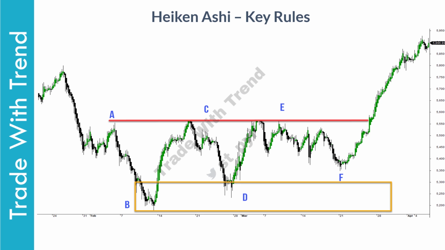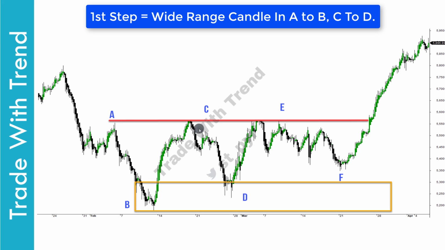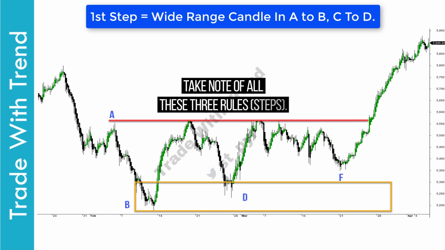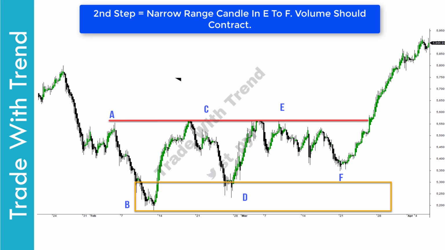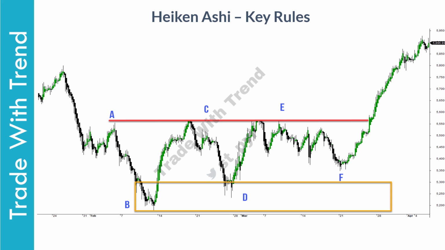In this swing trading strategy, you need to use 3 broad guidelines during each phase. In the swing move from A to B and C to D, wide range Ikeneshi candlesticks should be present. Volume should also expand in this region. When it comes to E to F, make sure candles are not wide in range. Volumes during this phase should be on the lower side.